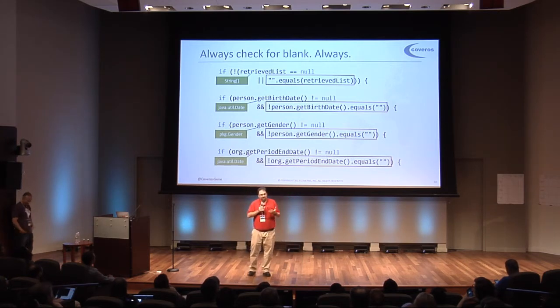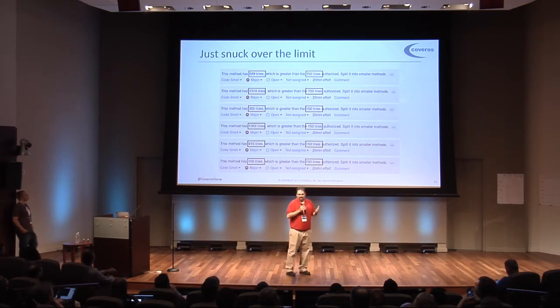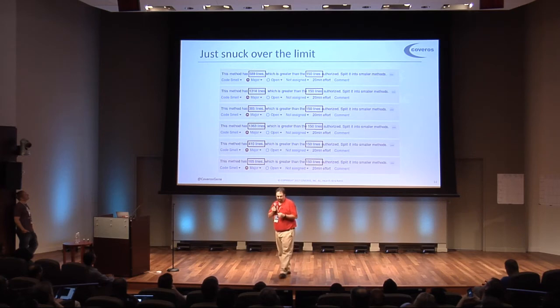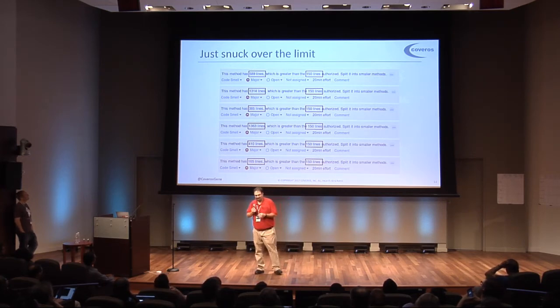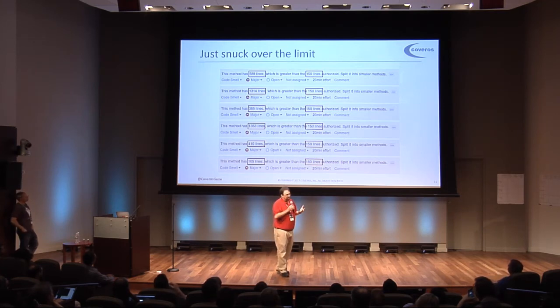But all of that's going to lead to a lot of code. So this particular class had a few methods that just snuck over the 150-line limit, like 1,300, 1,400. But if you can't be the longest method, maybe you can stand out in some other way.